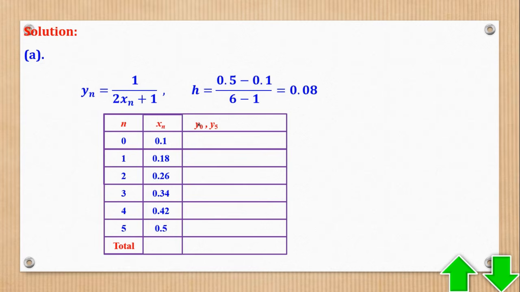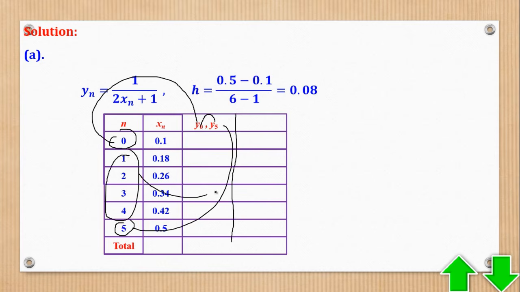So we are putting here y0 and y5 because this is the very first ordinate and this is the very last ordinate. So the first ordinate will be y0 and the last ordinate will be y5. That is why in this first column we are putting the extreme. Then after that, the intermediate ones will be put in their own column.